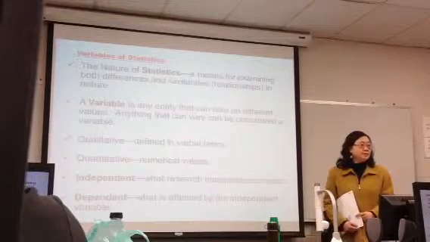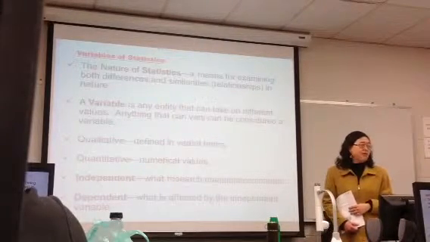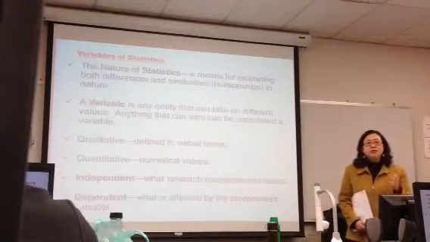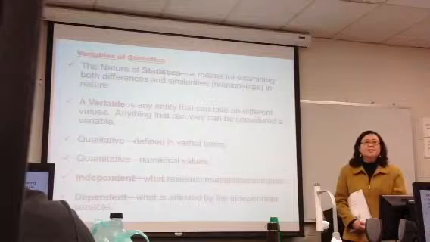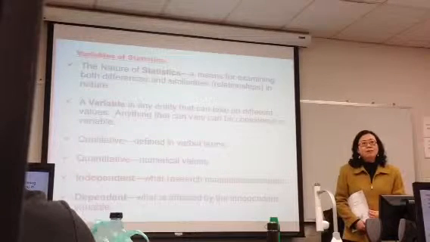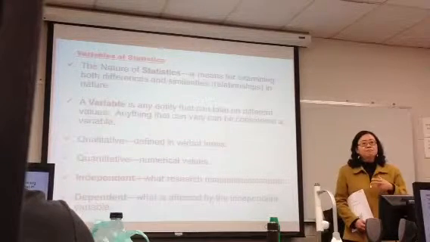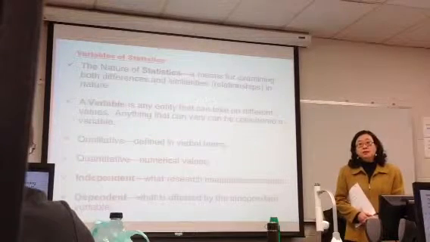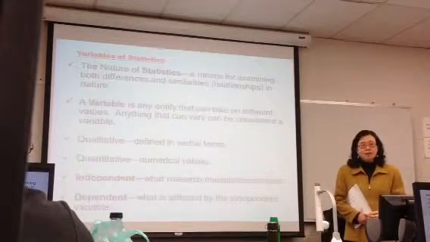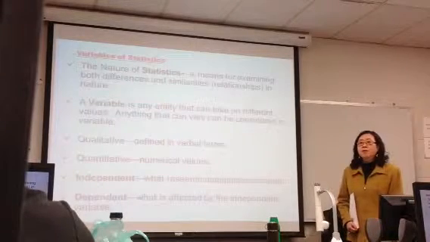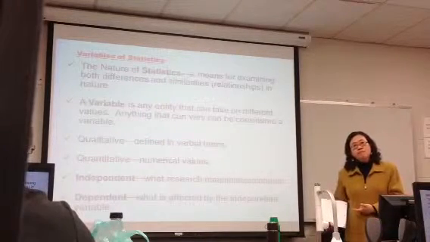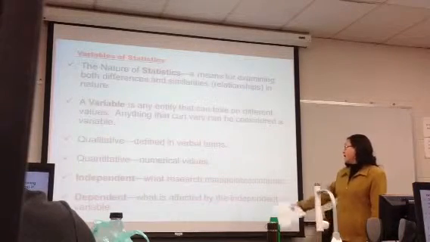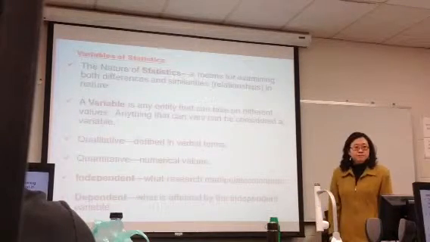Another type is the attribute independent variable, or assigned independent variable. Basically, it's people with some characteristics, like gender and ethnicity. The dependent variable is basically the outcome, which is affected by the independent variable.